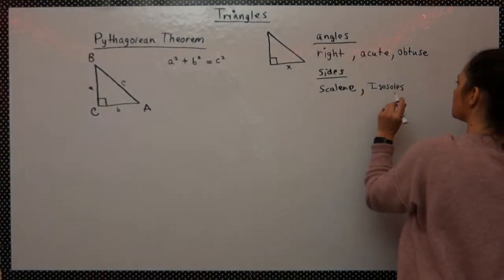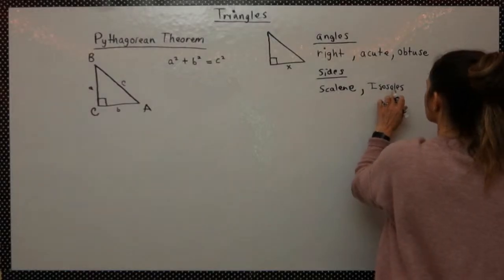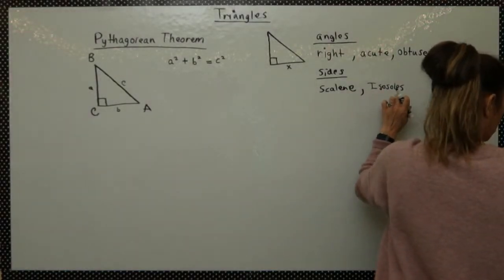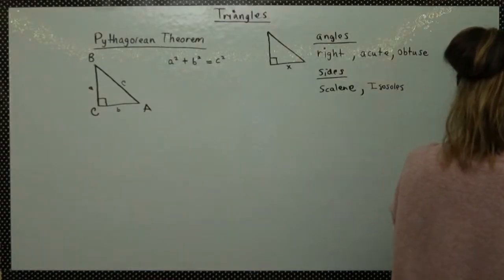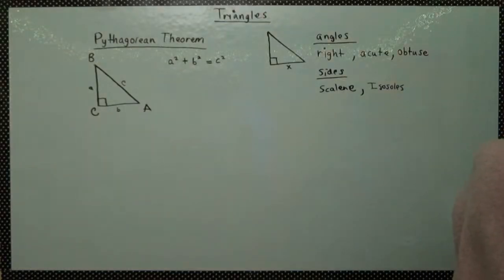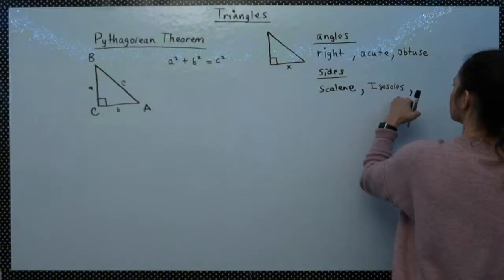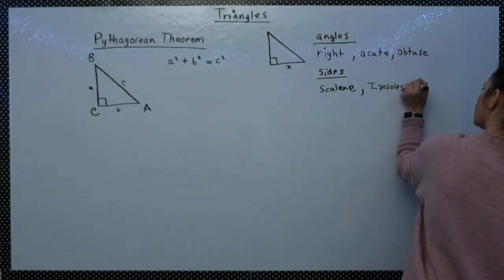There's an I in there, so isosceles. I'm not spelling that correctly. And then you have an equilateral.